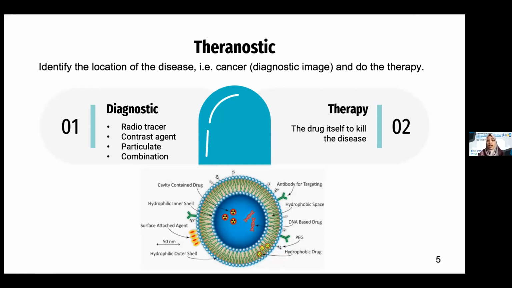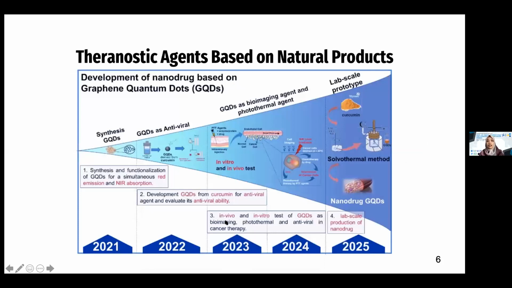And the therapy is the drug itself to kill the disease. This is one example. This is the drug inside the material, with functionalization with the diagnostic component. So this is the diagnostic agent based on natural products that Professor Henny's lab is developing now.